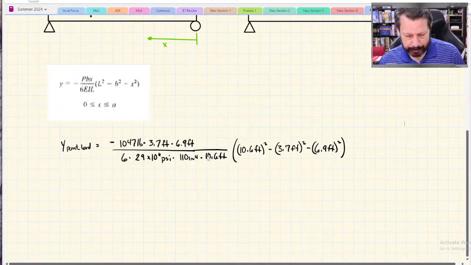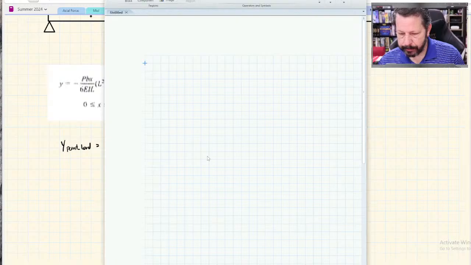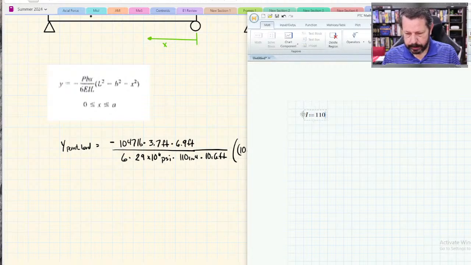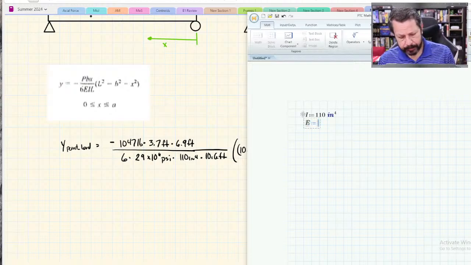Let's see if we can throw this in MathCAD and get some number. So we've found that I is equal to 110 inches to the fourth. E is 29 times 10 to the sixth PSI. Oh, not bad.